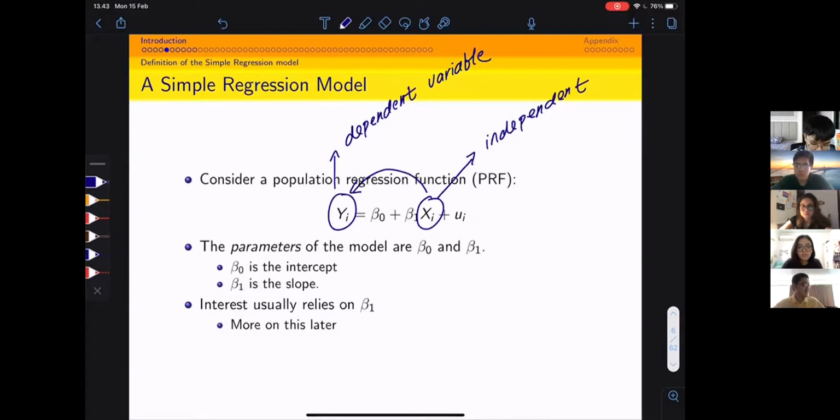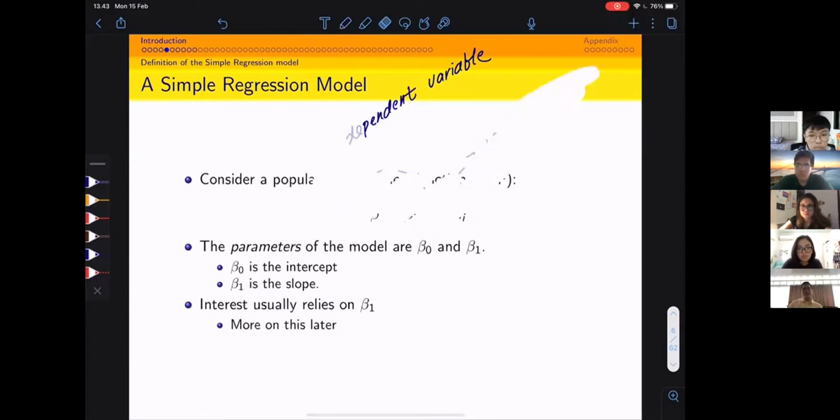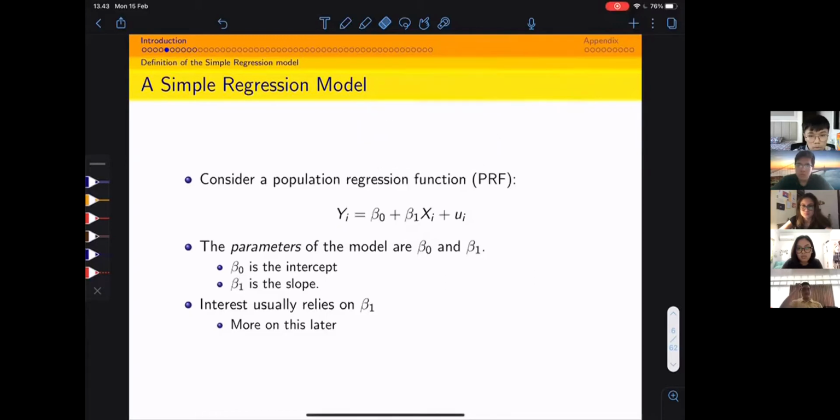All right. So I guess with that concept clear, I'm going to go and discuss several features of this model. Now we know that Y and X are basically our variables. It's very, very important to distinguish between variables and parameters.